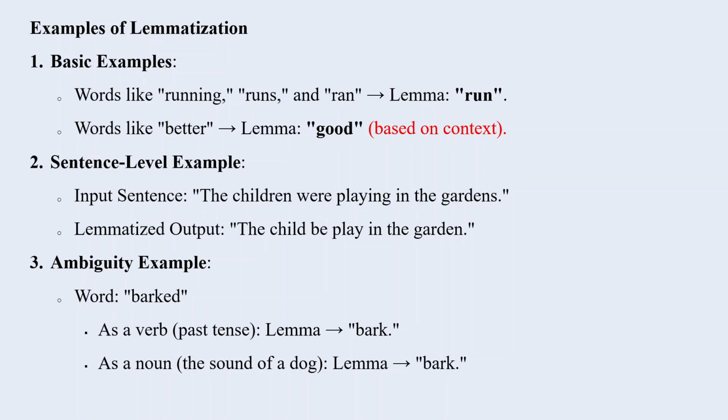As a noun, the sound of the dog we also consider as bark. So barking, that means if the dog makes a sound, this root word bark is a verb. If you are mentioning the sound of the dog, the word bark represents a noun. That ambiguity also will be understood by using lemmatization.